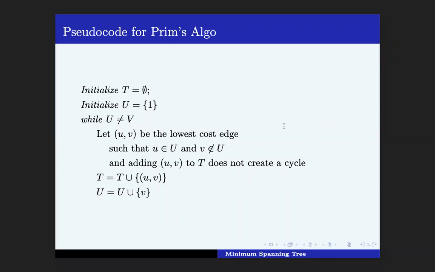So you don't want to, first of all, if you do sorting, then that will take some time possibly. But even if you do have a sorting step, this is the lowest cost edge such that, yes, you told me to check whether both of them are not in U, but you have to ensure that one of them is in U. Right?